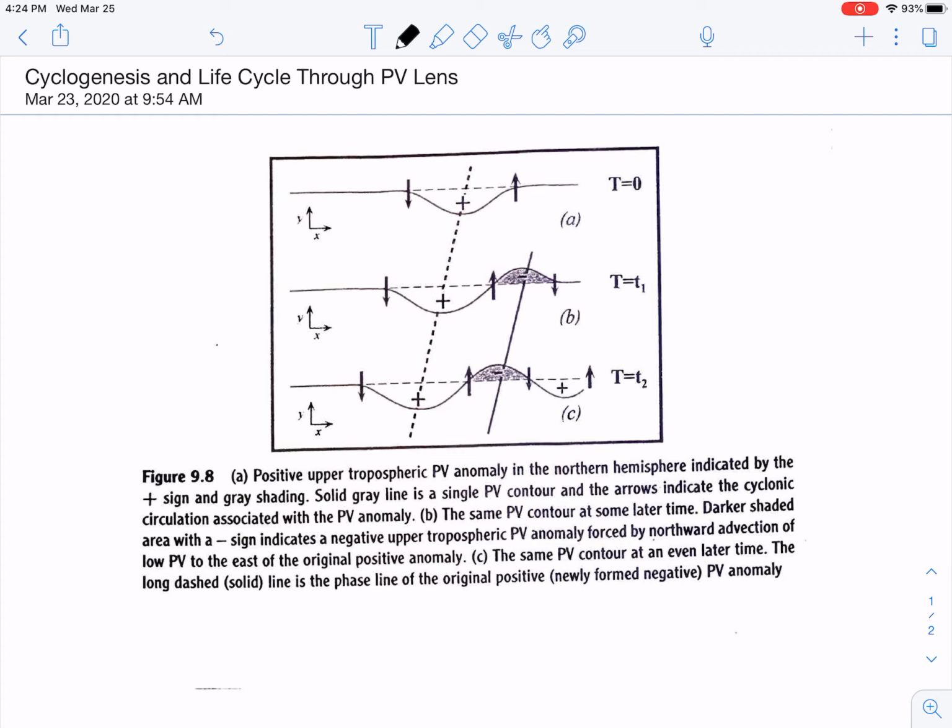In this figure, at time 0, we see an upper level positive PV anomaly that is on, for example, maybe some upper level pressure surface as we are in our XY coordinate system. And so we know from previous videos and our prior knowledge of positive PV anomalies that they induce a cyclonic circulation, which is what is indicated here with our arrows.